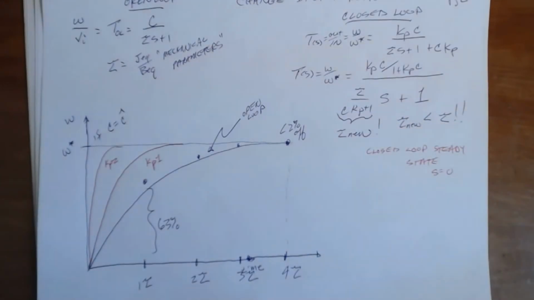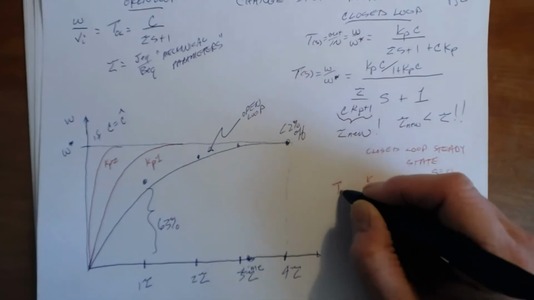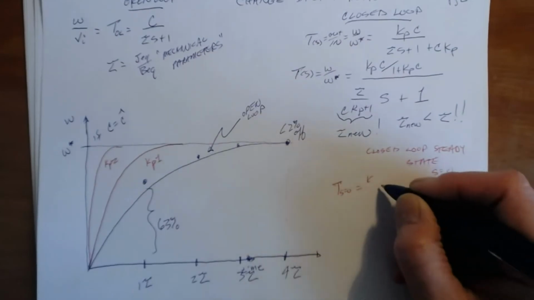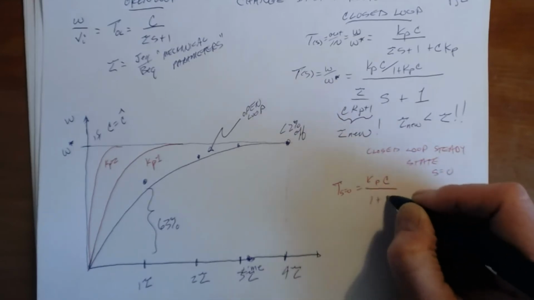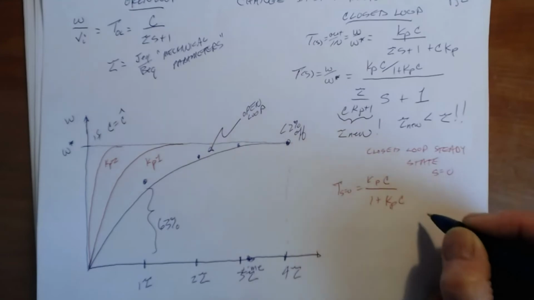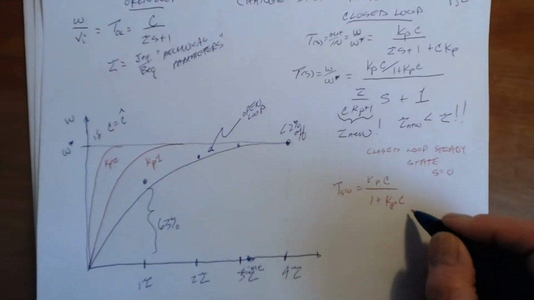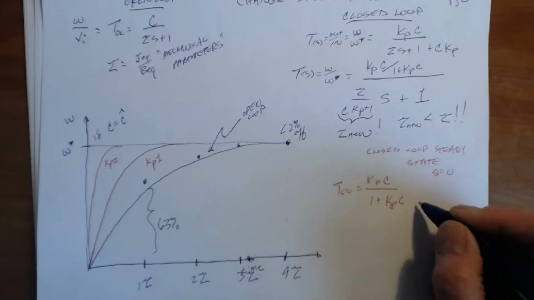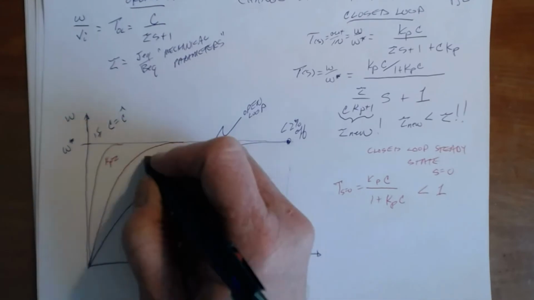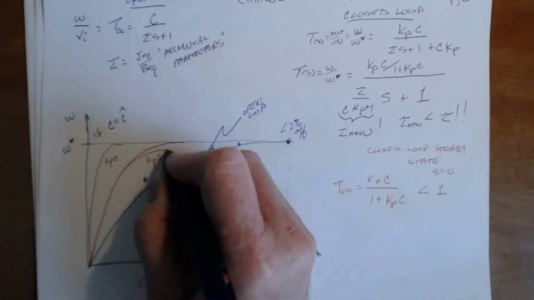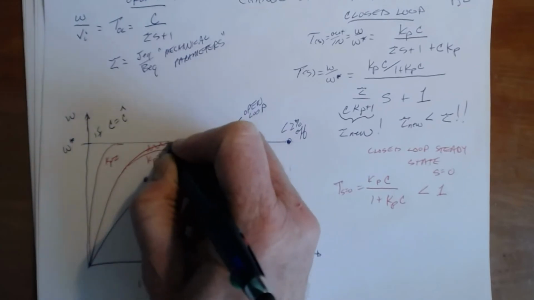So closed loop steady state is Kp times T at S equals 0, which is Kp times C over 1 plus Kp times C. So what we see is that for all Kp's, this is just a little bit less than 1. What I should have done is that this one actually settles in a different spot. I'm going to scratch that out.